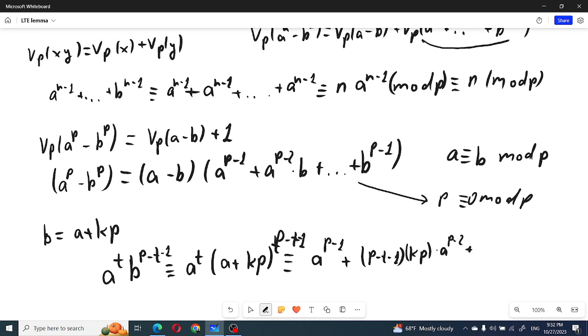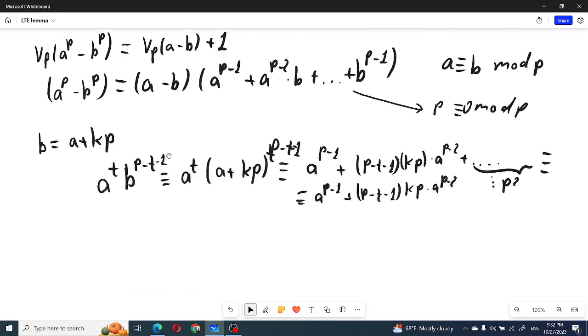Then all numbers here must be divisible by p square, because we will have kp square times something. So these numbers are divisible by p square, so this equals a to the p minus 1 plus p minus t minus 1 times kp times a to the p minus 2.